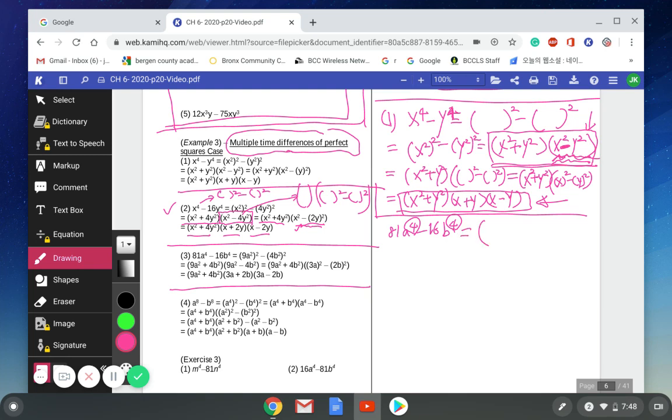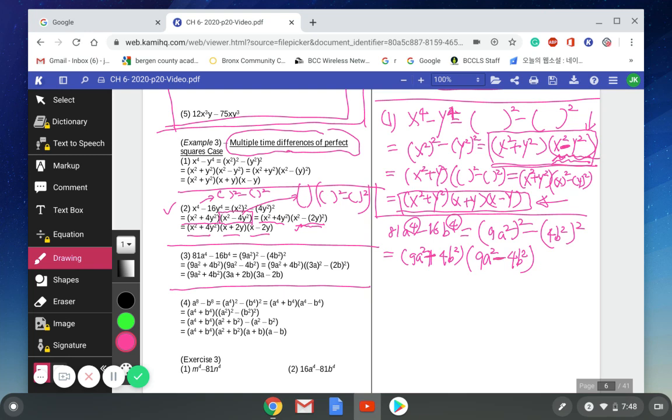So that you are able to convert into (9a square) square minus (4b square) square. So that becomes 9a square plus 4b square with 9a square minus 4b square. So we do plus first and do the minus second for convenience.